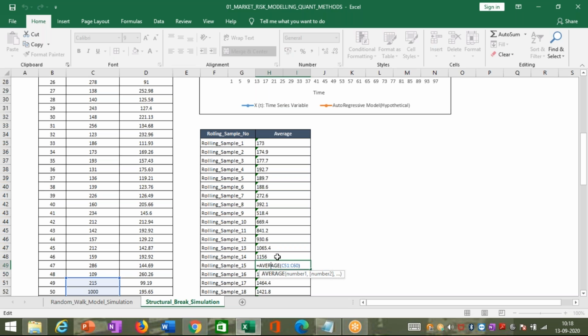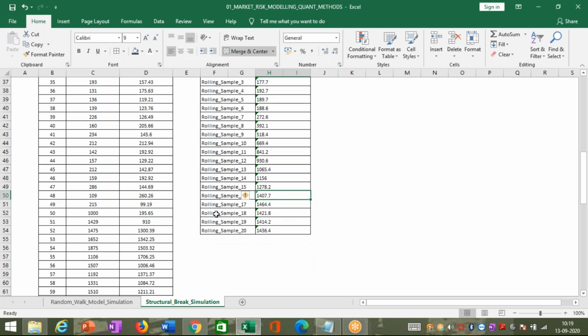So from there what we could clearly see is that it is these structural breaks, or the existence of these structural breaks, which was creating this sudden movement. And then again the variable settles down between 1400 something to 1436. So again the band kind of spans out over here.